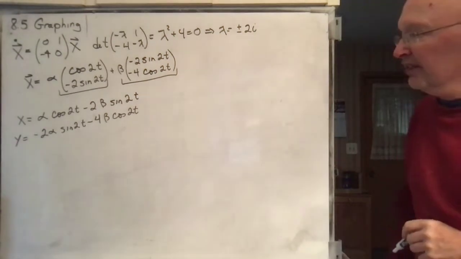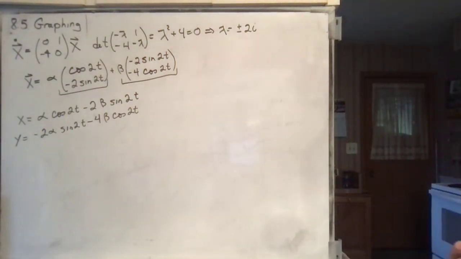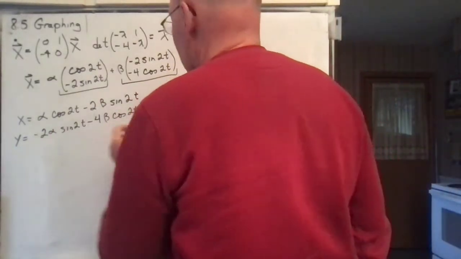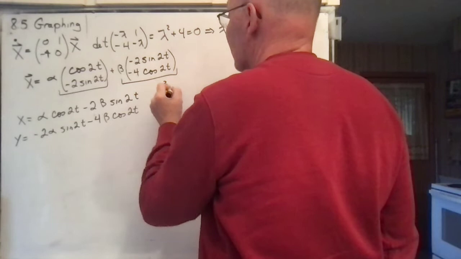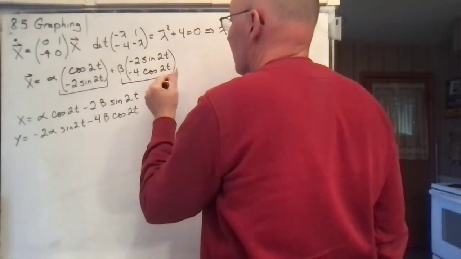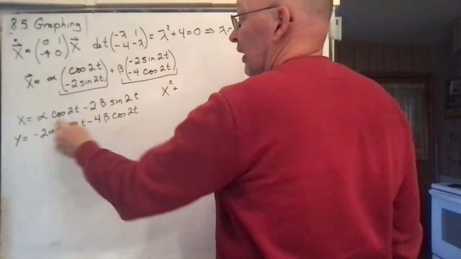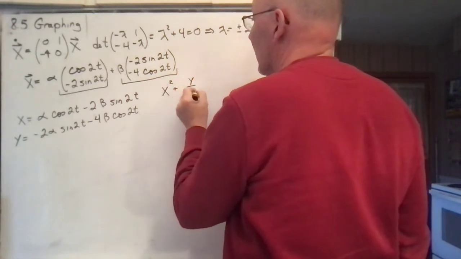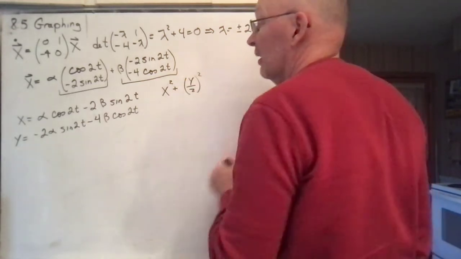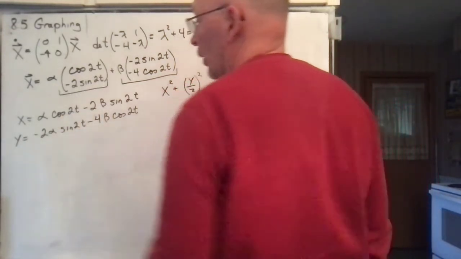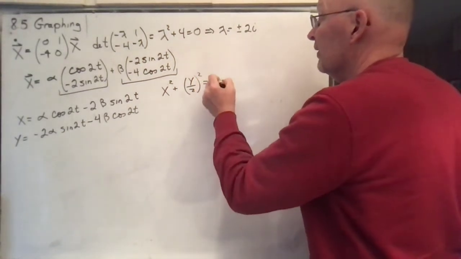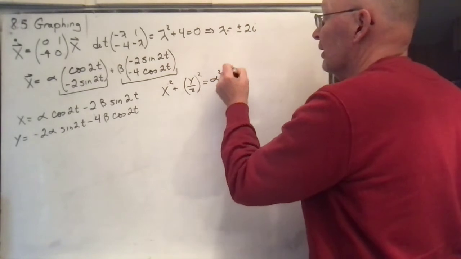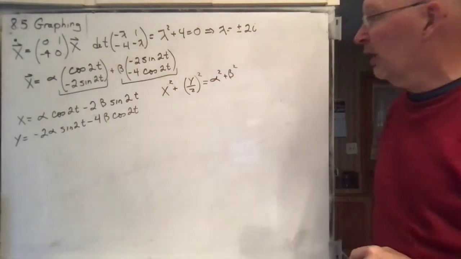And this is again something that we've done before. If you take x and square it, and then you take y, divide it by 2 and square that, so just square x and square y over 2, you're going to end up with, I believe, alpha squared plus beta squared, a constant depending on what alpha and beta are.